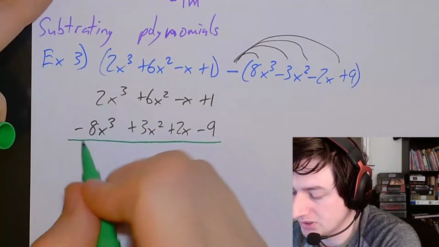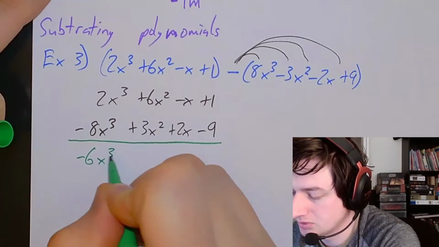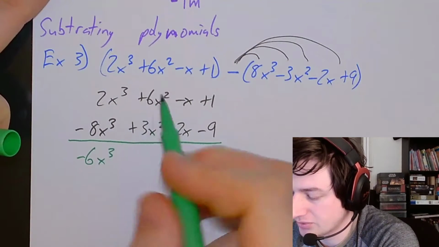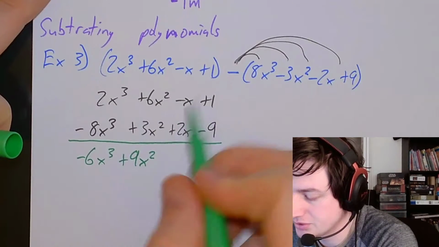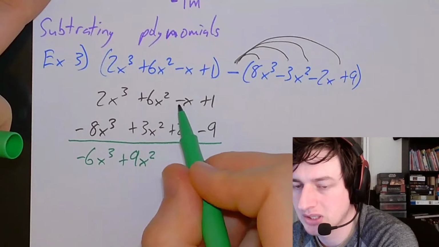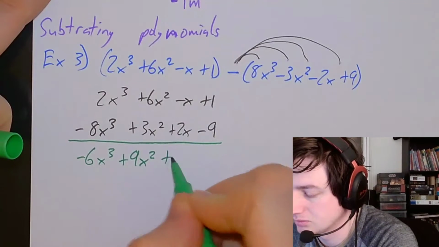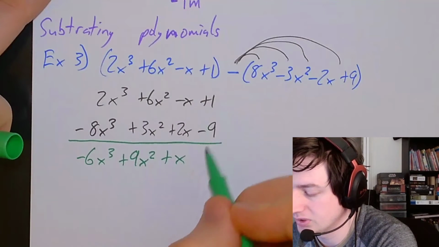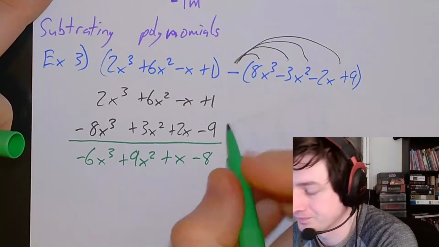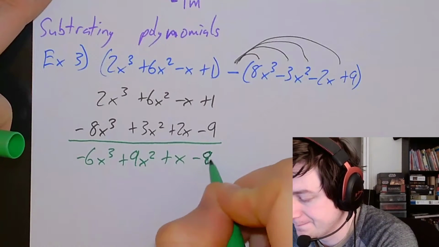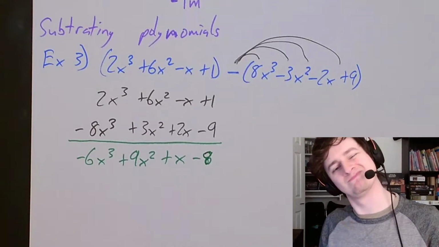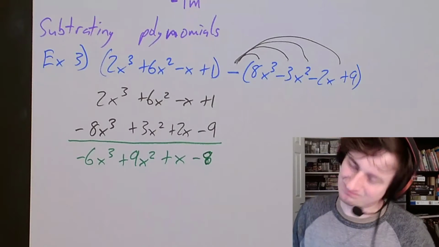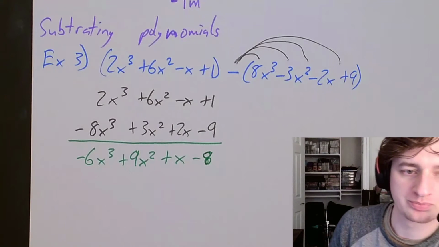So 2 minus 8 is negative 6x cubed. 6 plus 3, 1 minus 2, or negative 1 plus a 2 is plus a single x. And 1 minus 9 is minus 8. And we have our new polynomial.